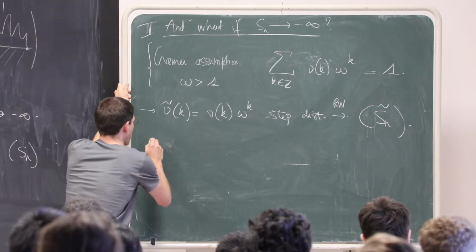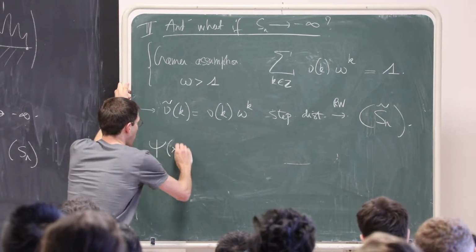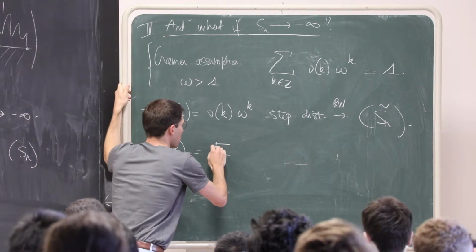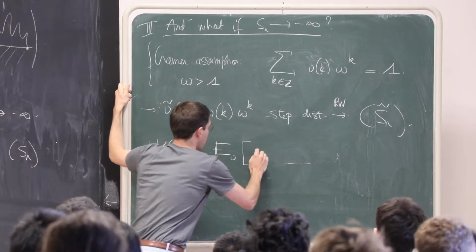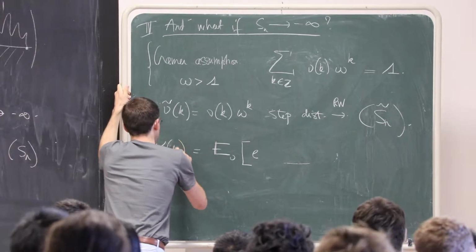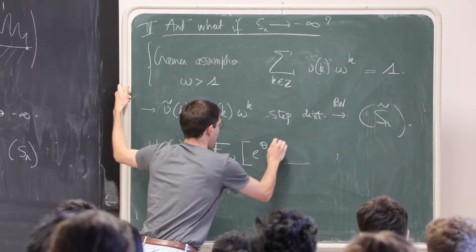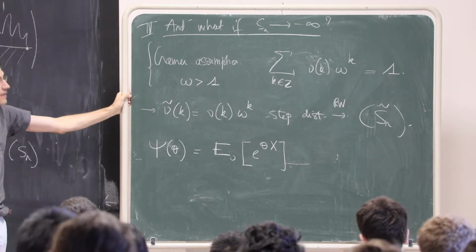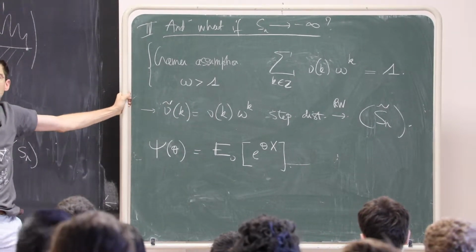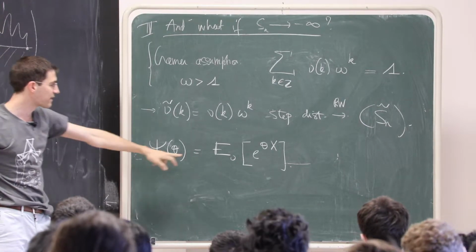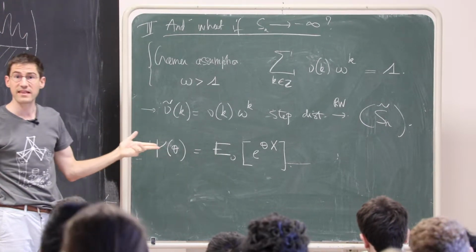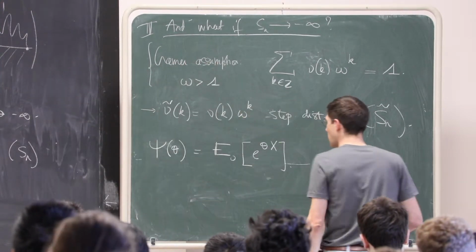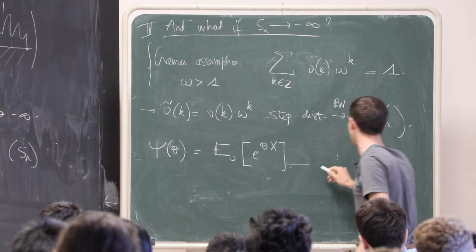If you consider psi of theta, that's the expectation under nu of e to the theta x, your random variable x. That's the Laplace transform of your distribution nu. You know that this is convex, even the log of it is convex.